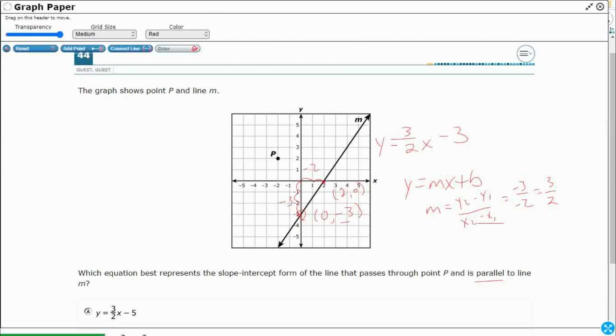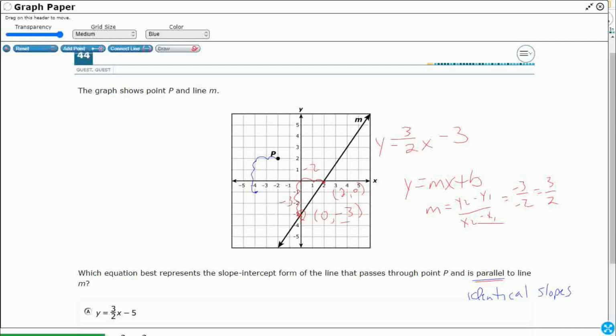I'm going to switch colors here. What we know is that parallel lines have identical slopes. If they don't have the identical slope, eventually they would intersect. So we need a line with the same slope, which means I'm going to go over 2, down 3.